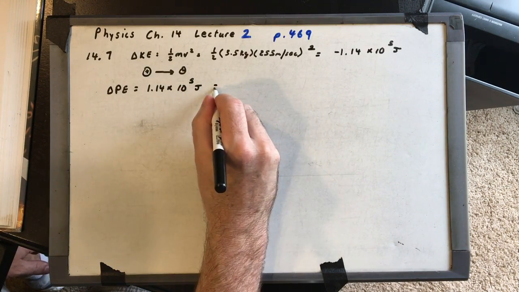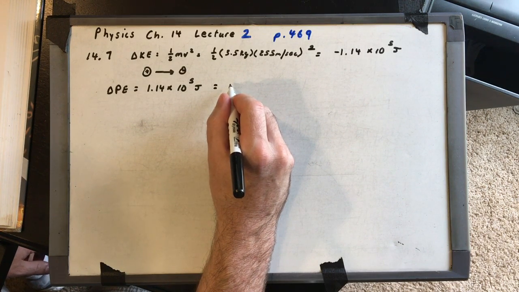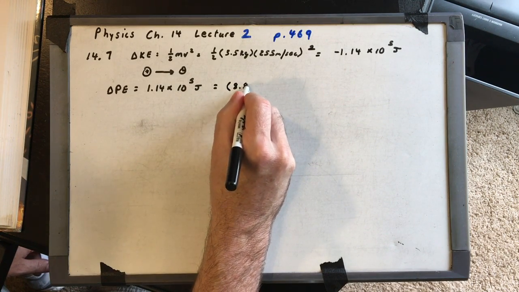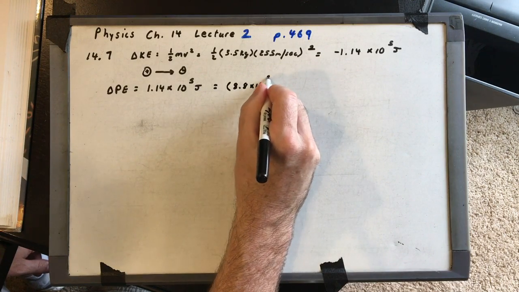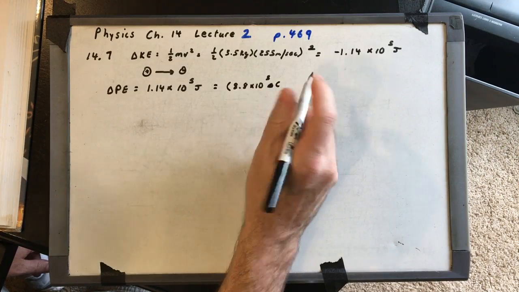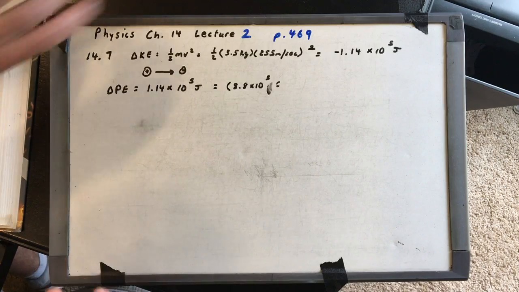We know that this is equal to Q delta V. All right? Little q is 8.8 millicoulombs. Excuse me, that'd be coulombs. 8.8 times 10 to the 3rd coulombs.